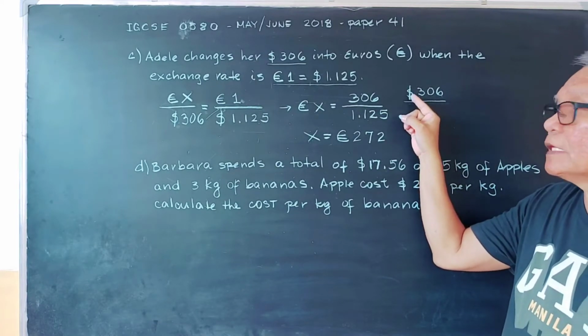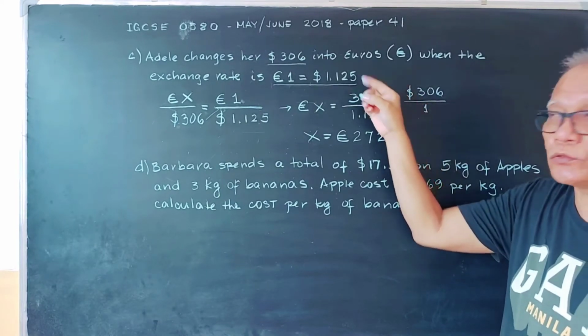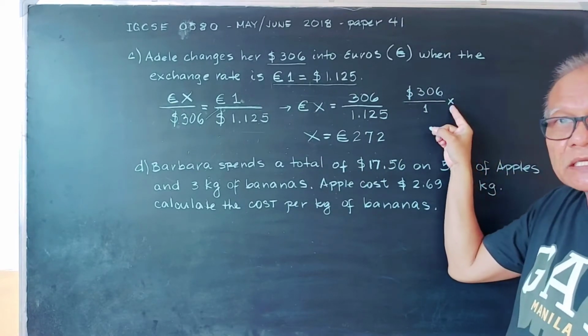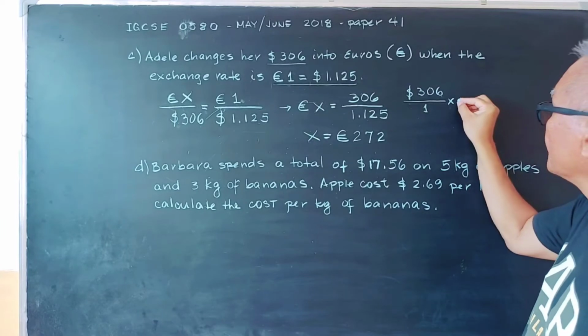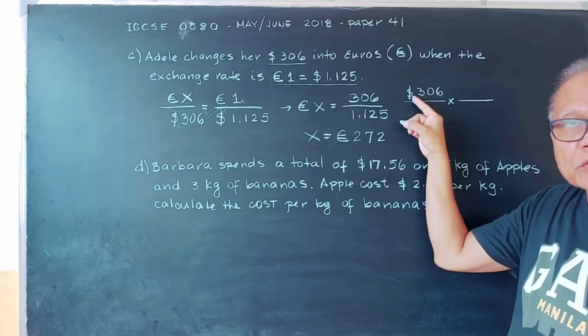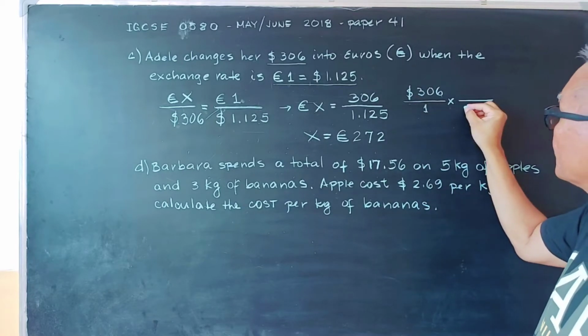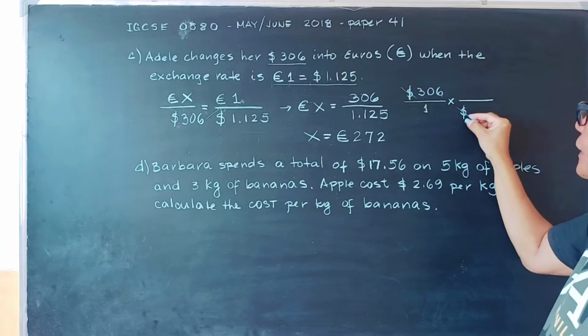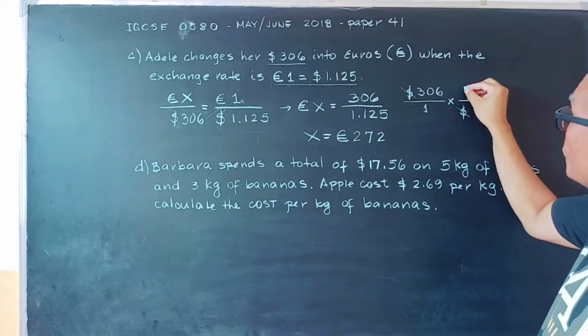We don't want the dollars, we want it to be in euros. Therefore, we multiply it. This is not equals, times. How do we cancel the dollars? We put the dollar sign here, so we can cancel that one here. And then dollar into euros here.